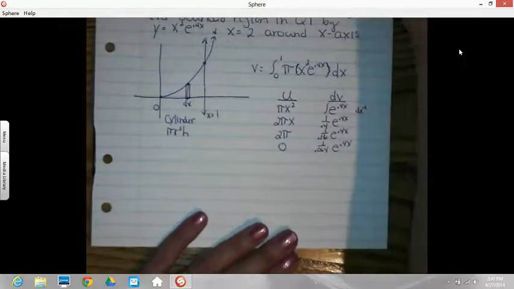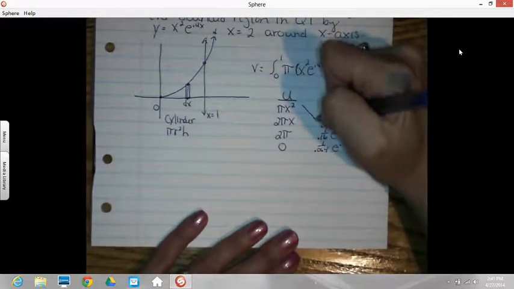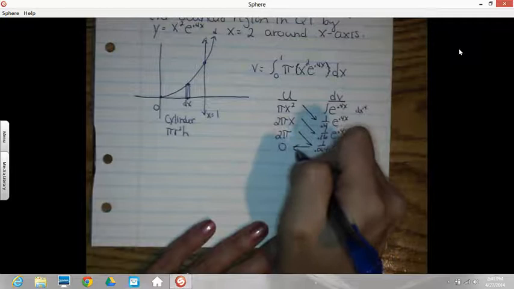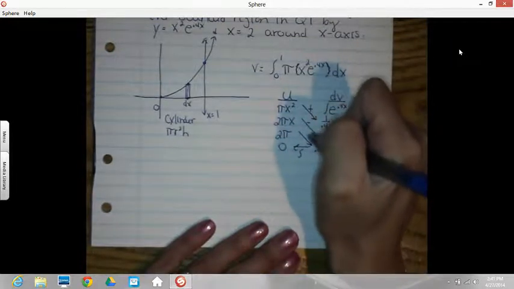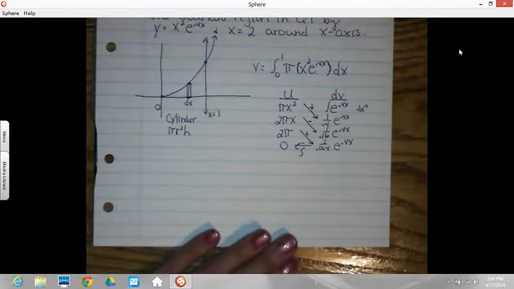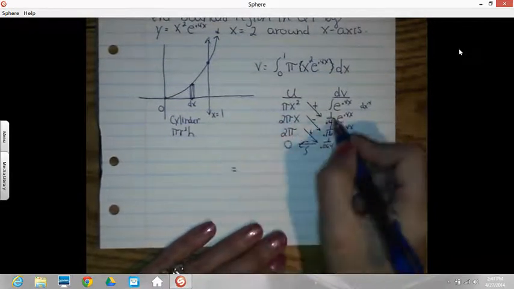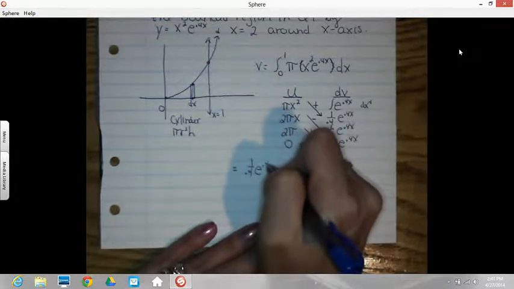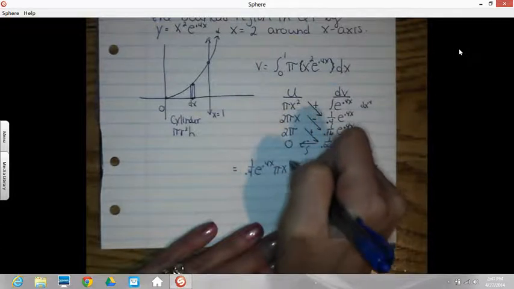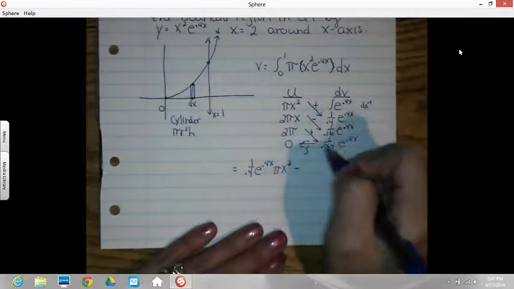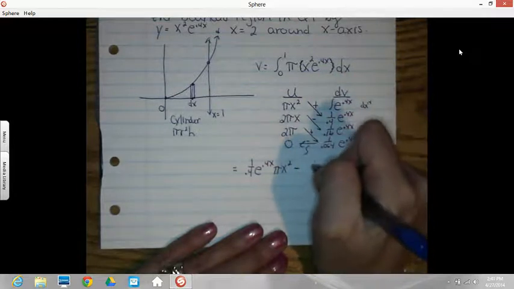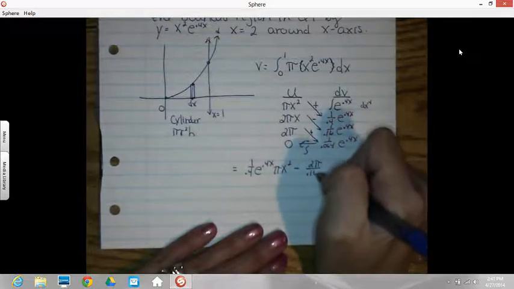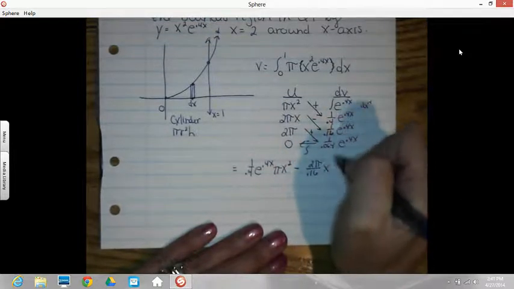So now the integration by parts: multiply, multiply, multiply, integrate. Positive, negative, positive, negative. So my volume will be 1 over 0.4 e to the 0.4x pi x squared minus 2 pi over 0.16 x e to the 0.4x.